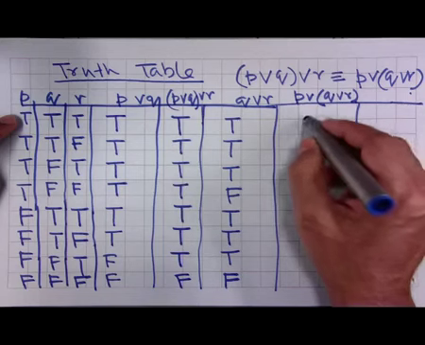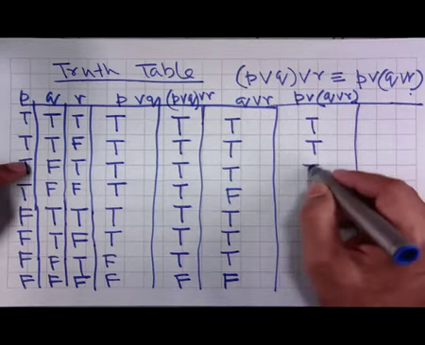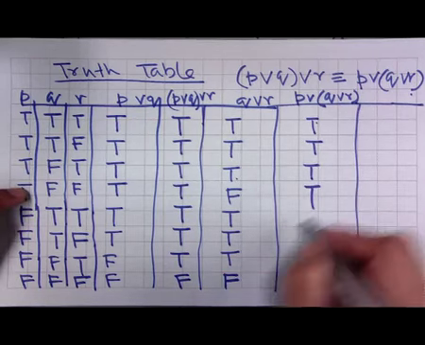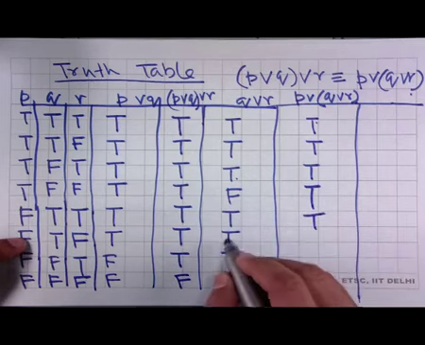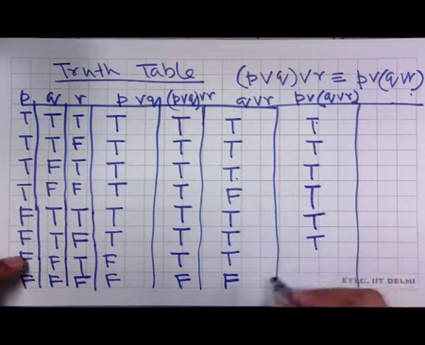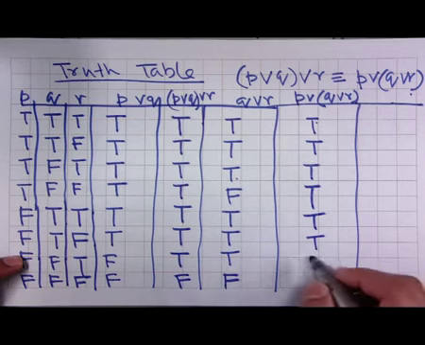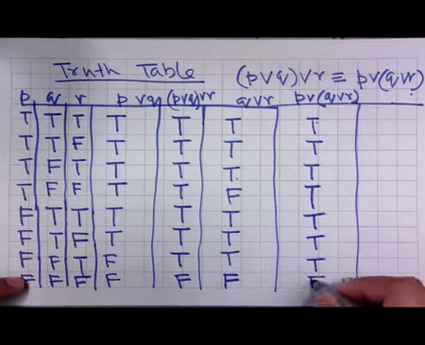T or T is T, T or T is T, T or T is T, T or F again T, F or T is T, F or T is T, F or F is F, F or T is T and F or F is F.